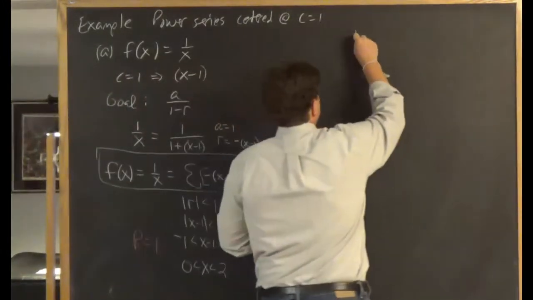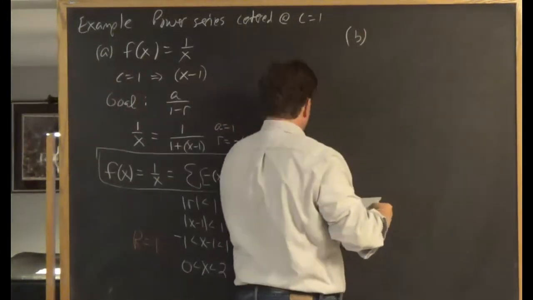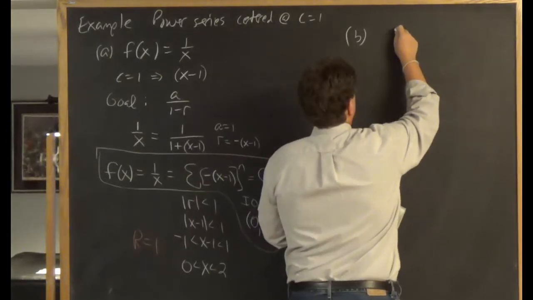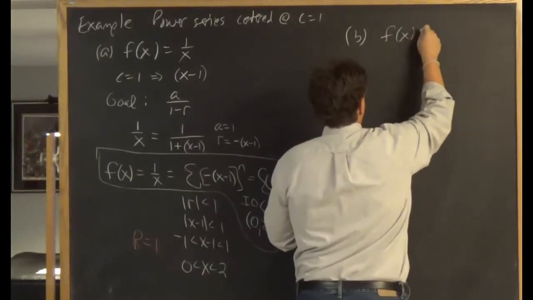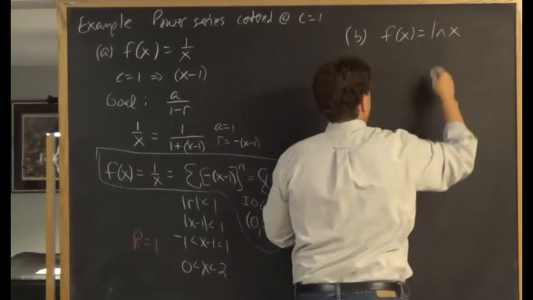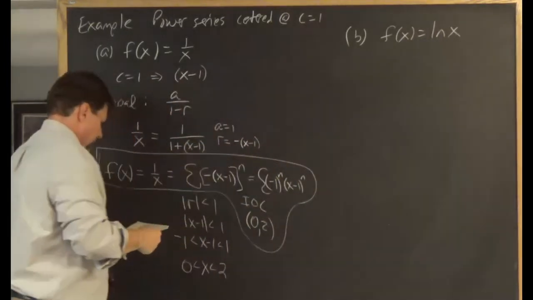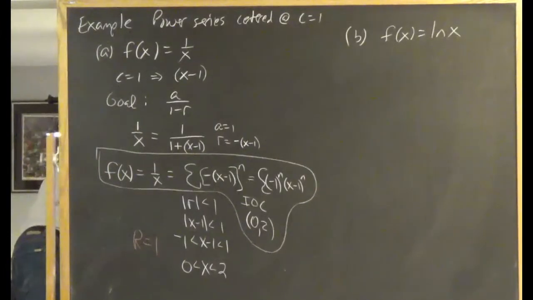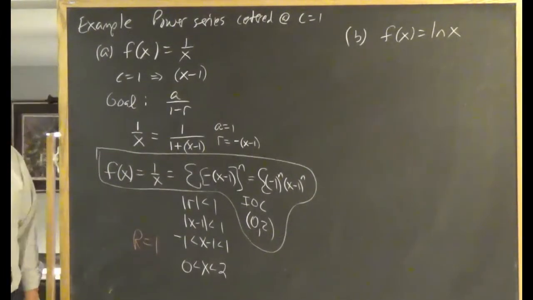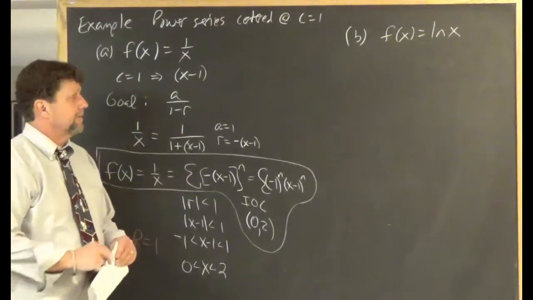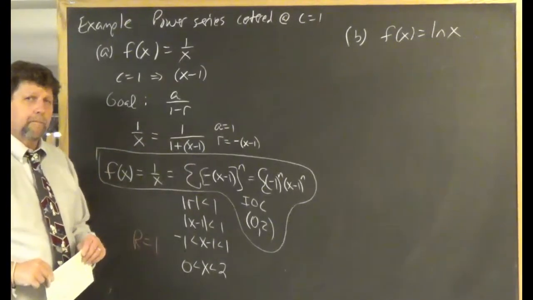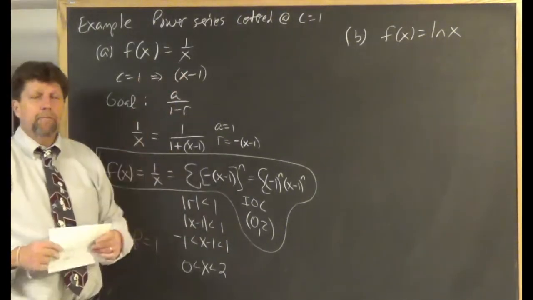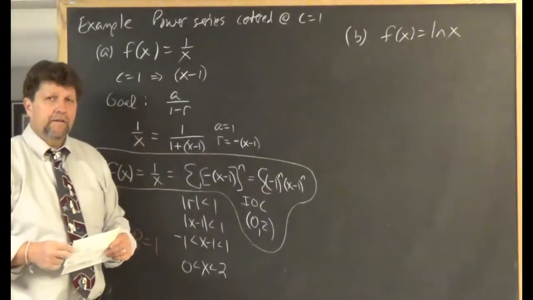Why am I mentioning that? Well, in part B, weren't you given the function natural log x? Let me grab my paper real quick. Yeah, you were given the function natural log x. I should be able to use my work in part A to get part B just like that.